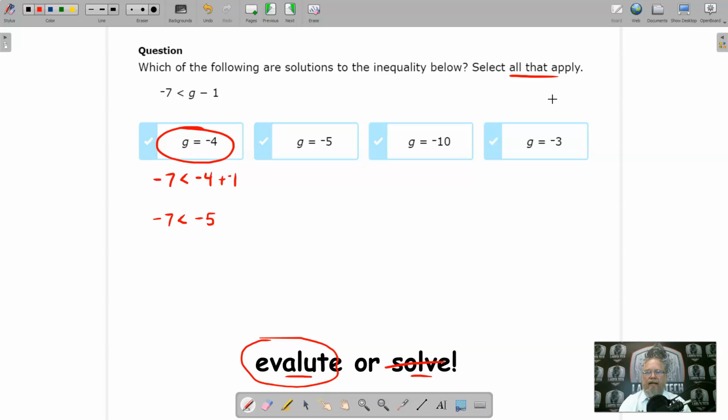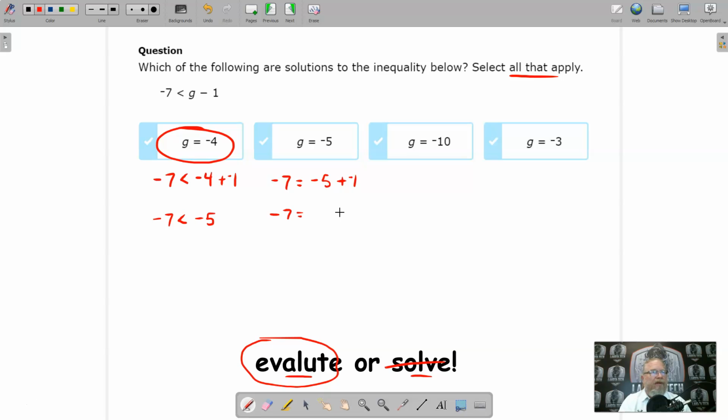Again, it says select all that apply, so I'm going to check all of these. Next one I have -7 equals, let's substitute for g -5 and -1. Again, I'm like plus a negative instead, so I'm going to change that to addition and then change the sign on the following value, which is 1. So +1 becomes -1. There you go, a little mini lesson on adding and subtracting integers.